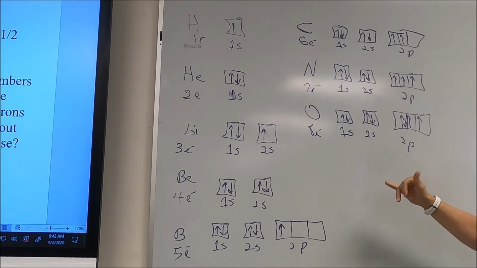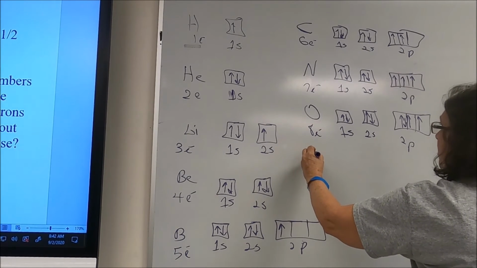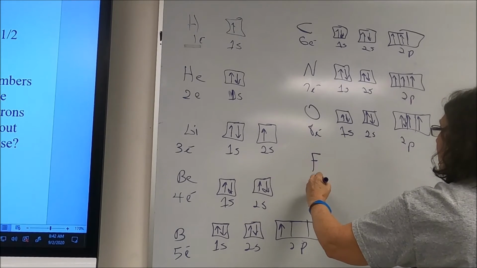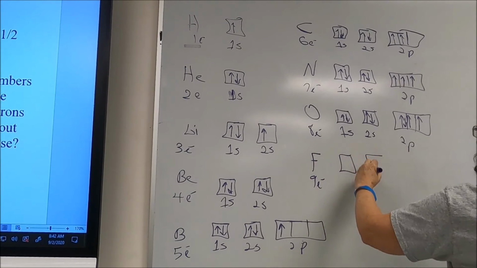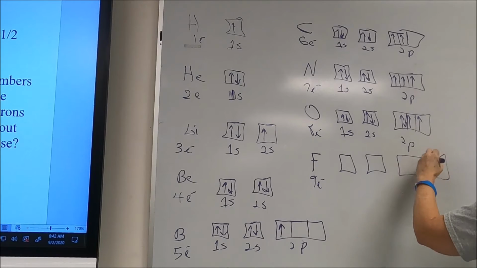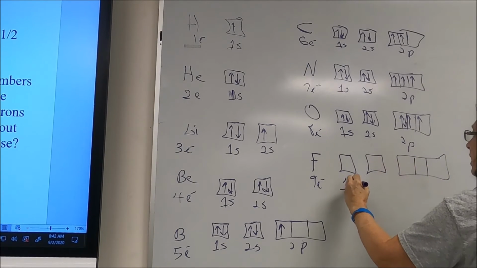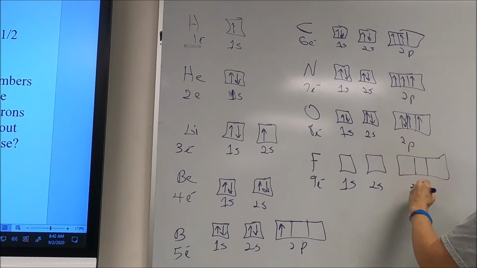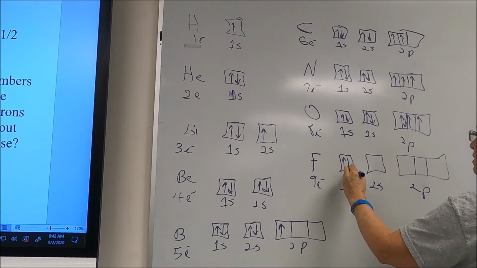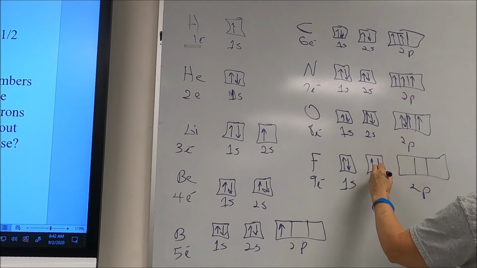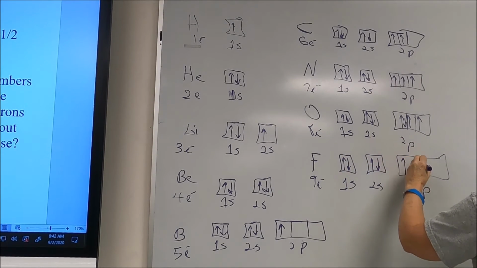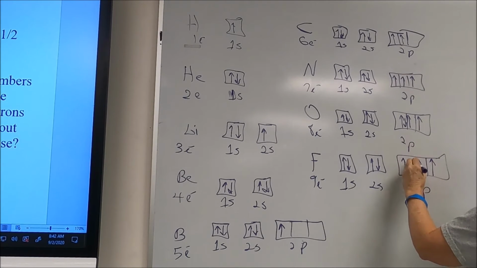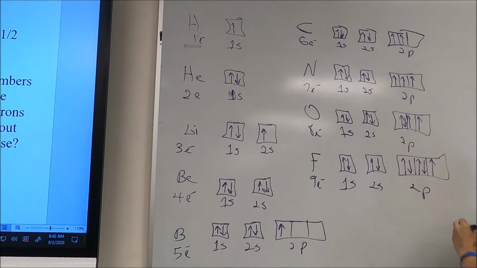Okay? After oxygen comes fluorine at 9 electrons. 1s, 2s, 2p, 1, 2, 3, 4, 5, 6, 7, 8, 9. 1 unpaired electron.